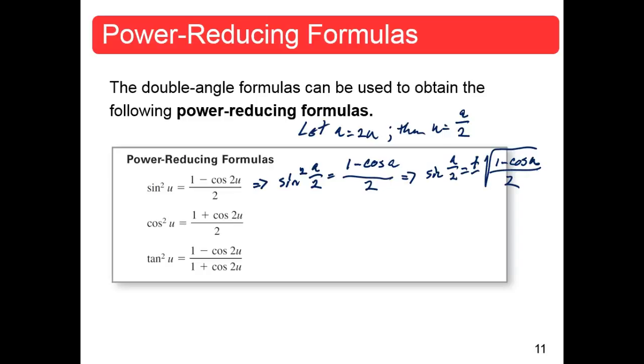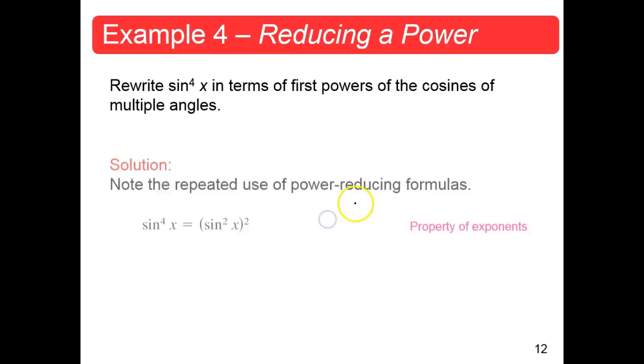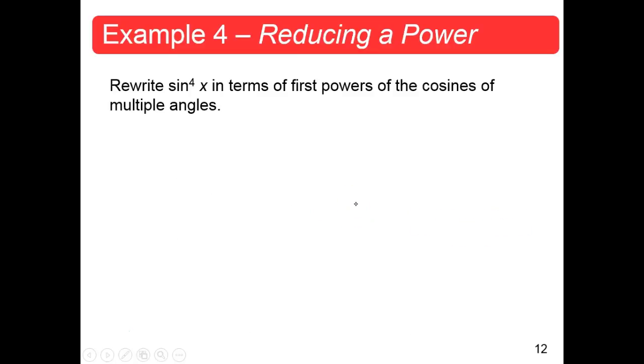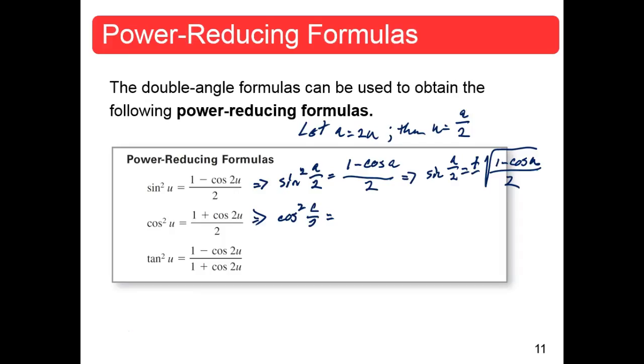And what will that give us? We'll use the same substitution. Cosine squared of A over 2 is equal to 1 plus cosine of A over 2.